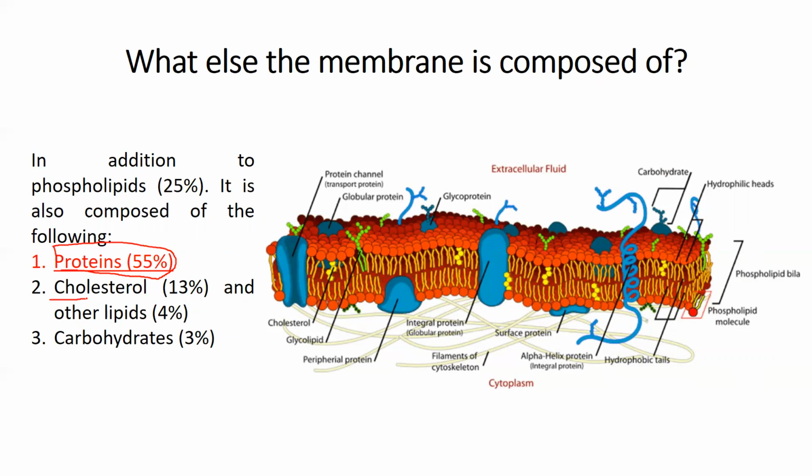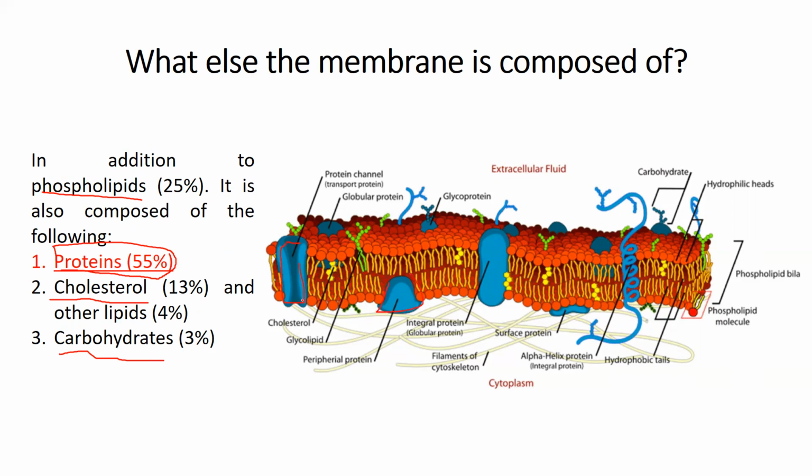Other components are cholesterol, which is very important as it stabilizes the lipid bilayer, and carbohydrates. But the major components are the phospholipids here in red and the proteins here, which are in blue.